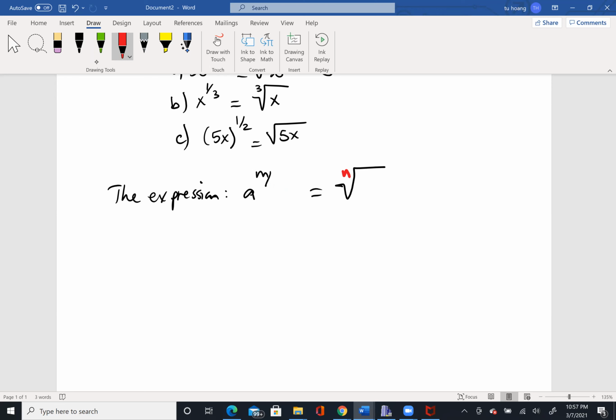Let me put n over here, and the radical is a to the power m.